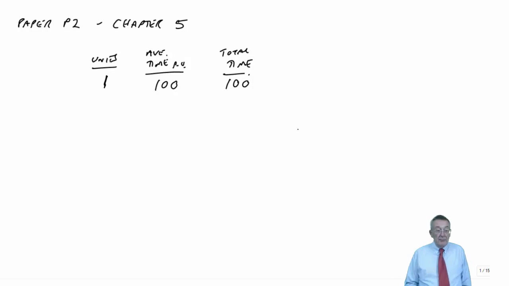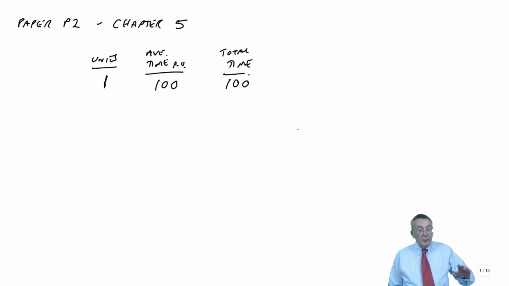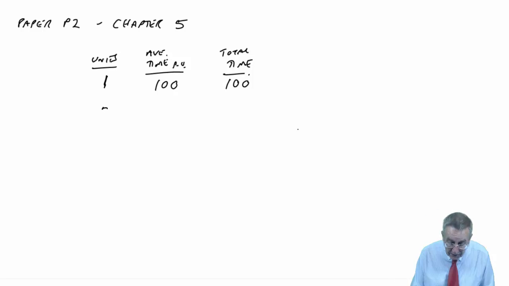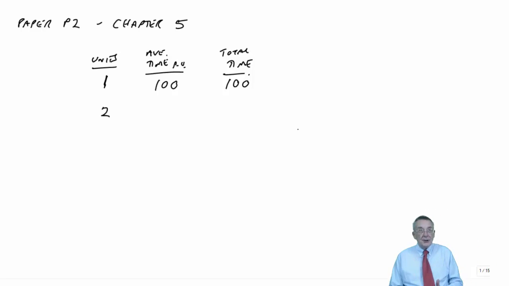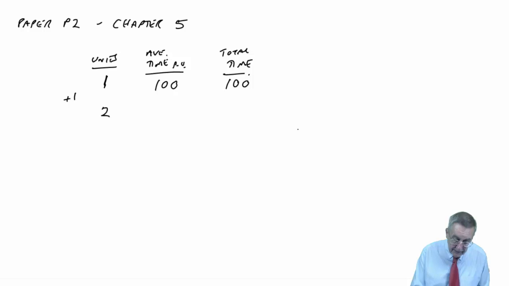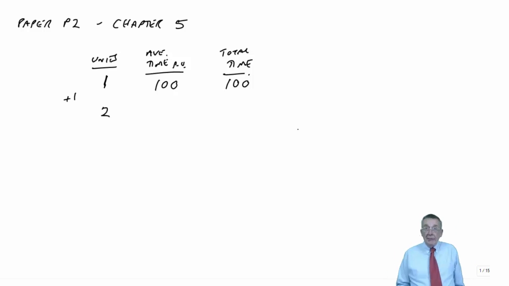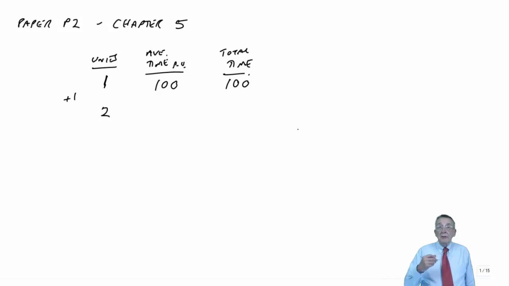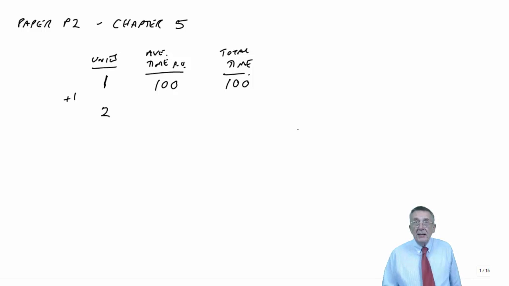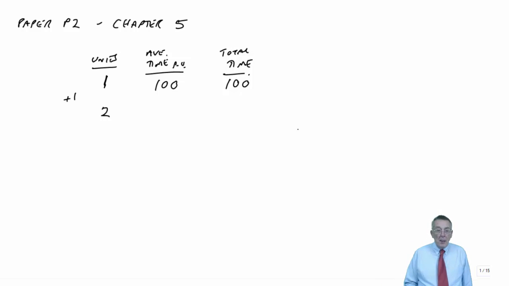However, the learning curve rule says that if we double production, so we've made 1, if we now double it to 2, so we've made 1 extra unit, the average time per unit will fall to a fixed percentage of what it was before.